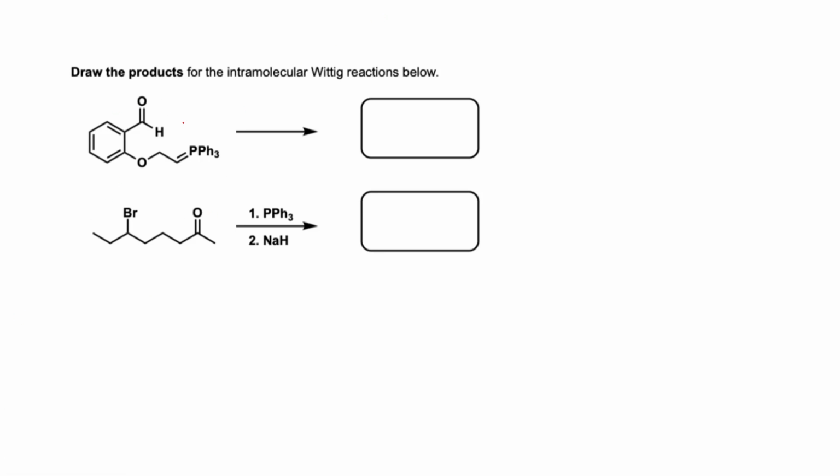If we talk about the first one, this ylide is negatively charged. So this negatively charged ylide will attack this carbonyl compound. This will open up.